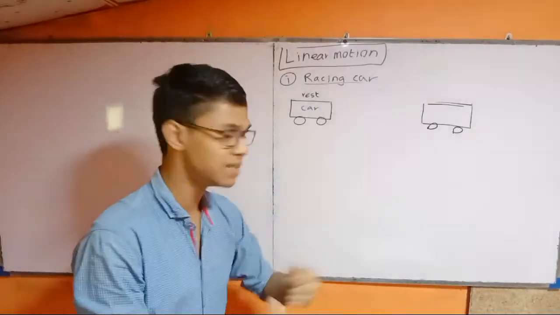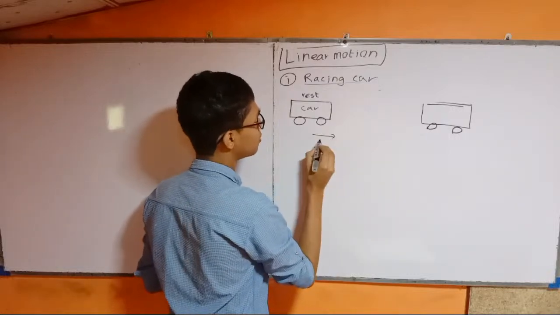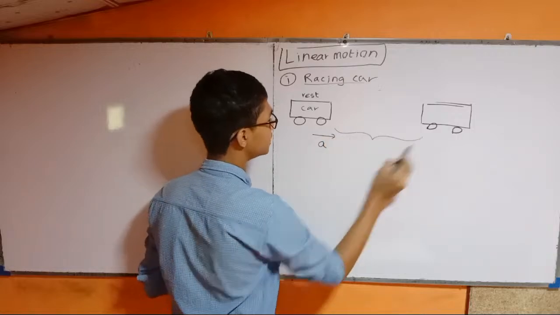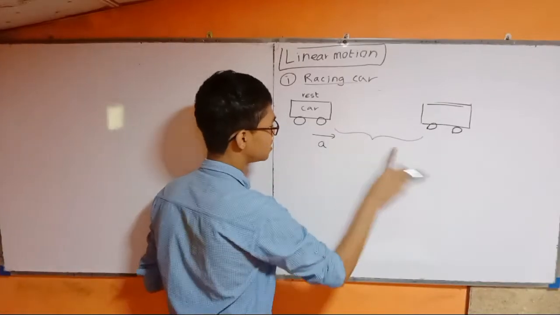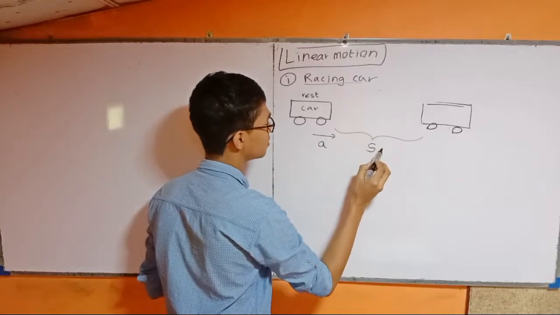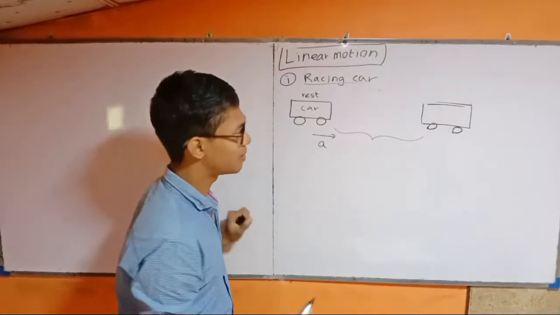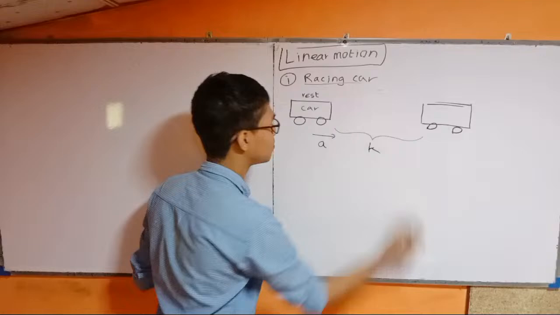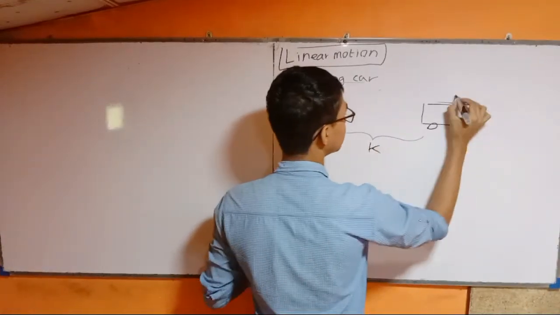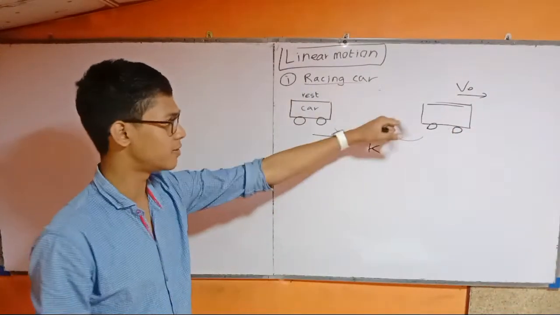It has an engine, so it will accelerate with an acceleration of a, and this distance I will take as k. And this one has a velocity v naught.